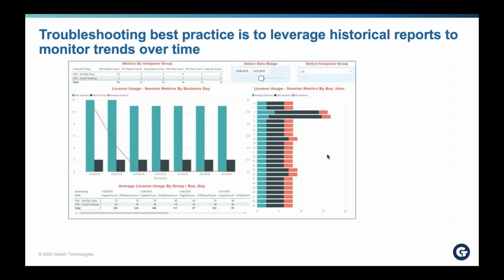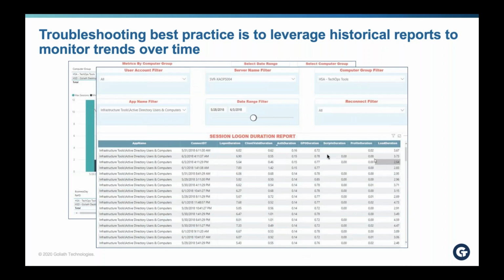We had a customer that has users all across the globe. When users in, let's say, the United States were utilizing Citrix licenses, users in Japan weren't. So they were able to use this report to understand the flow of the environment so that they can support those users.